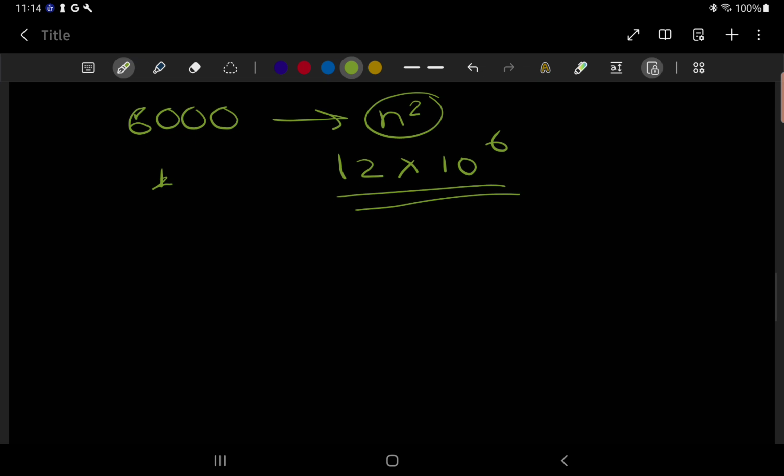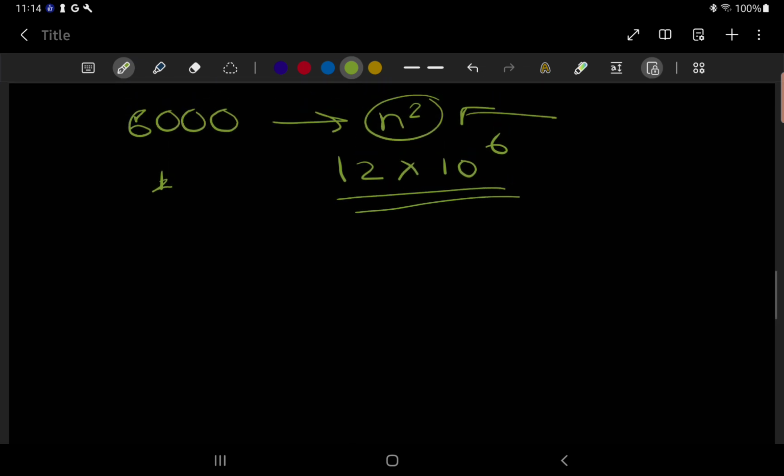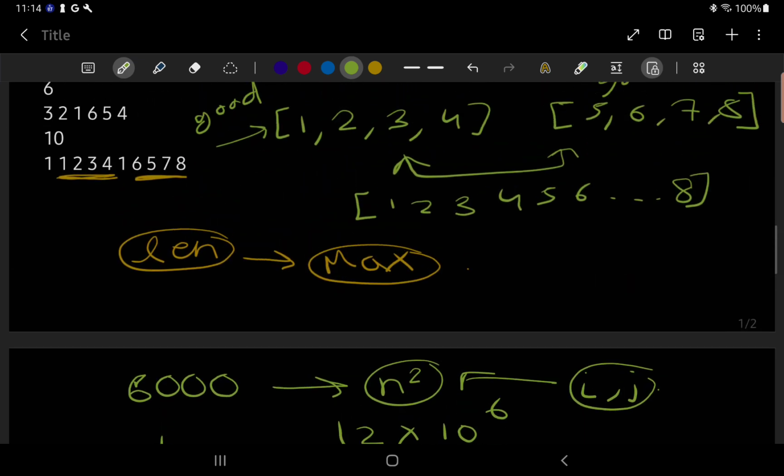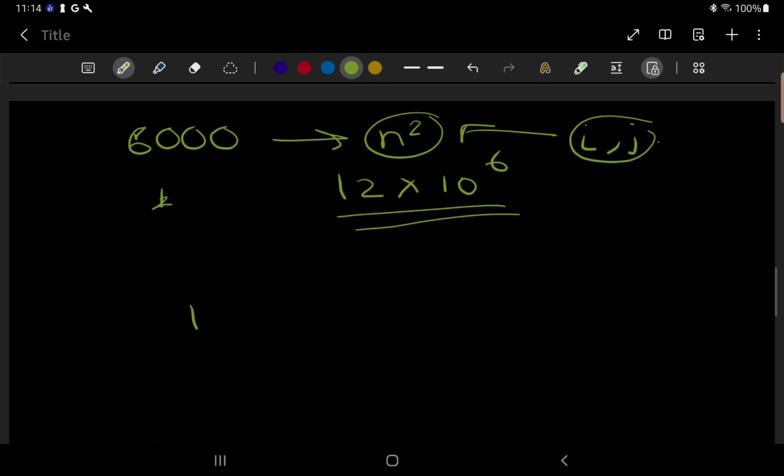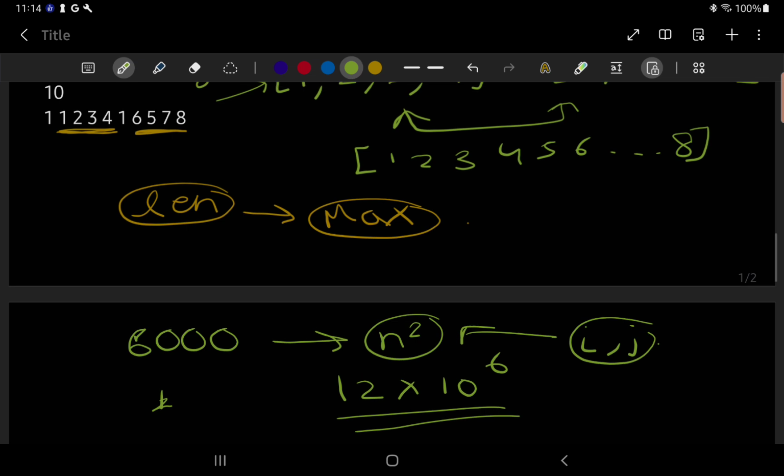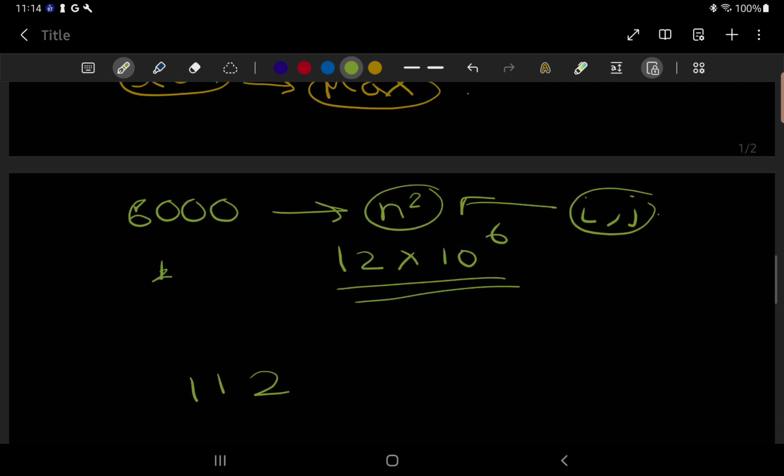You can easily do this, right? So this gives you a very big hint that, let's iterate all the arrays. If you just see quite well, like let's take this one array again. 1 1 2 3 4 1 6 5 3 1 6 5 7 8.